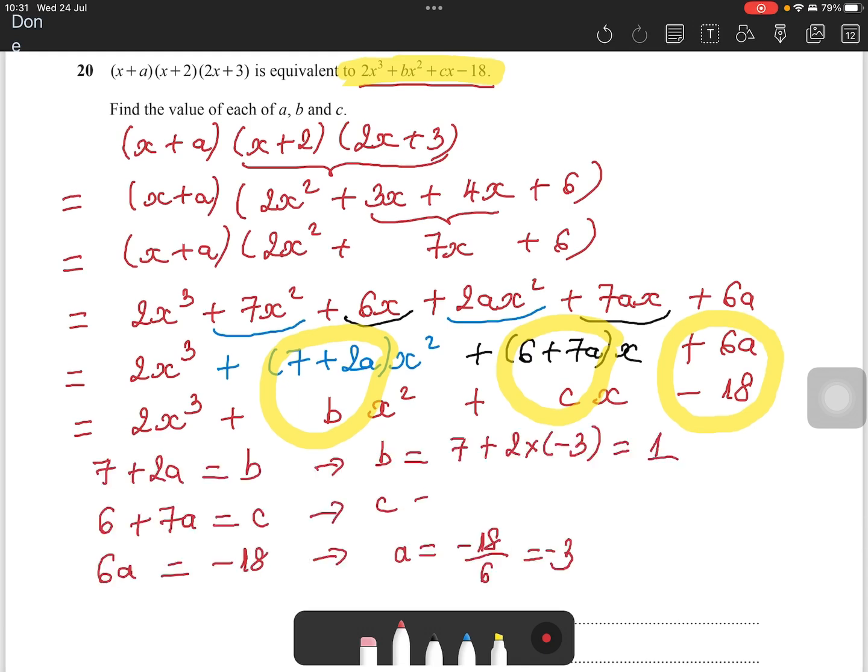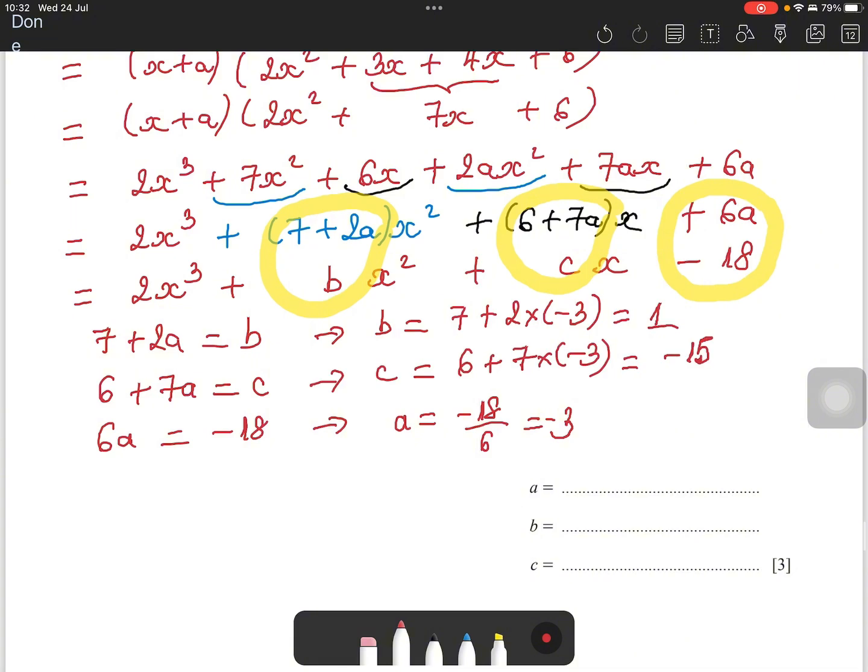Finally, c is equal to 6 plus 7a. Your a is negative 3, so 6 minus 21 is negative 15. So the answer is a equals negative 3, b equals 1, and c is negative 15.